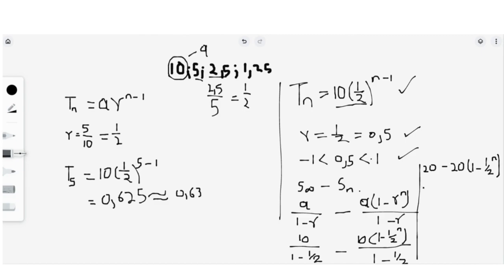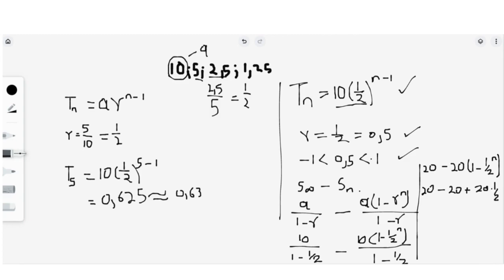So we have 20 minus 20 times 1 is 20. Negative 20 times half to the power of n is going to be plus 20 times half to the power of n.